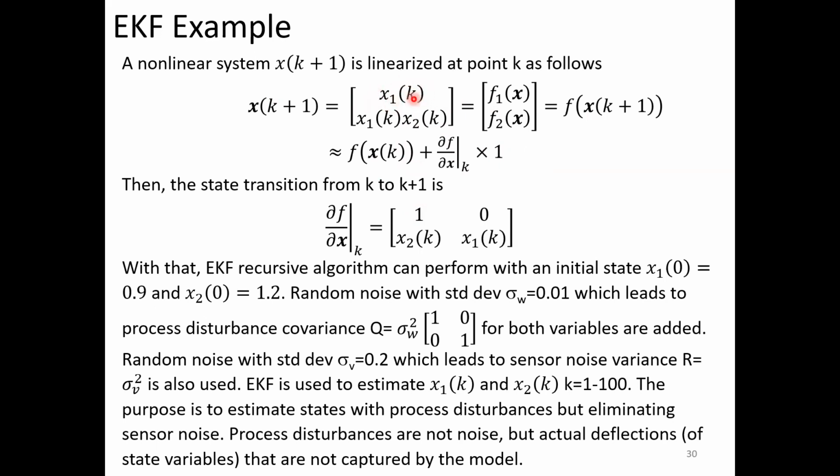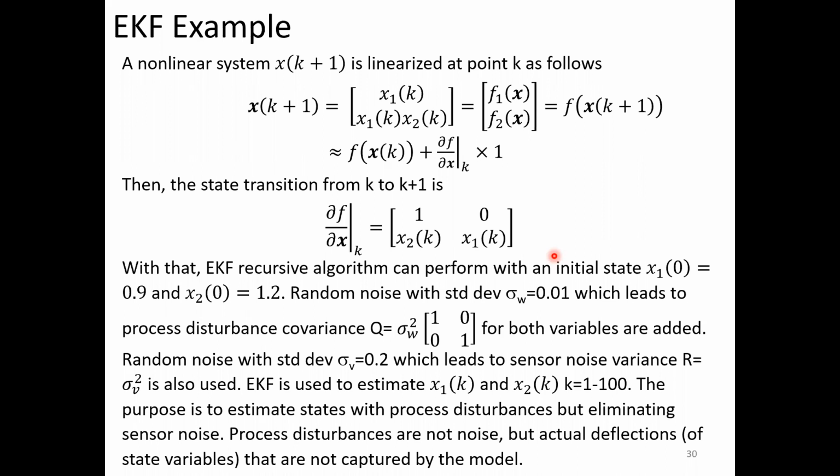This is independent of x2, so it is 0. That is the first row. And the second row is this one, differentiate with respect to x1. So the answer is x2. And then differentiate with respect to x2, the answer is x1, which comes over here. So this is the Jacobian, that is the first order partial derivatives of f.